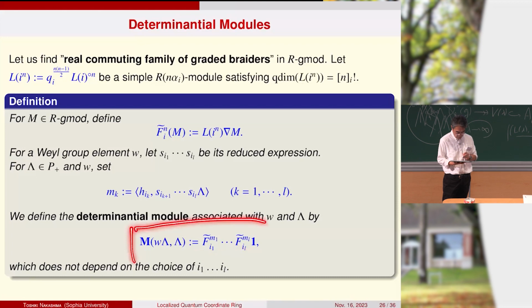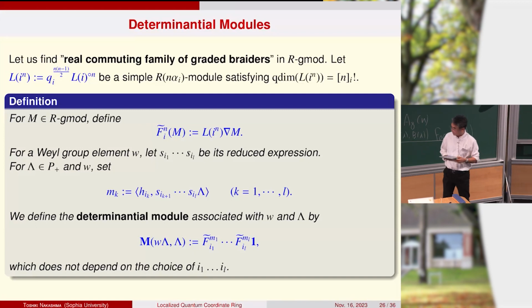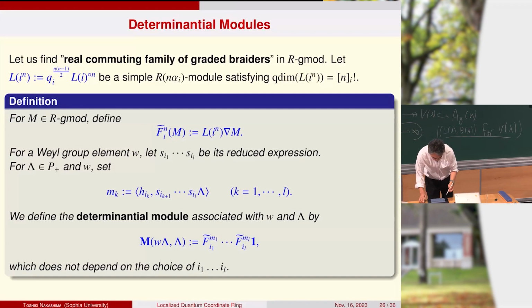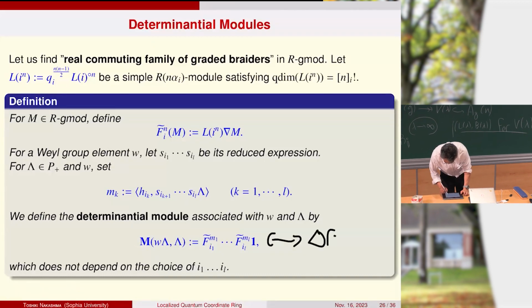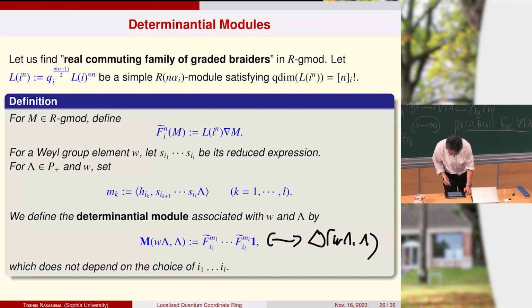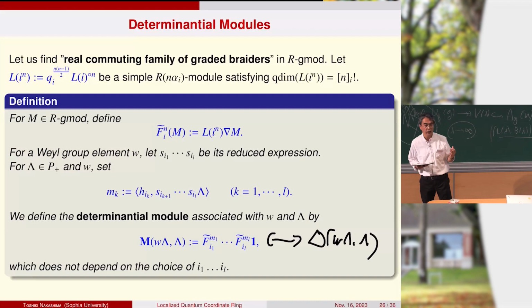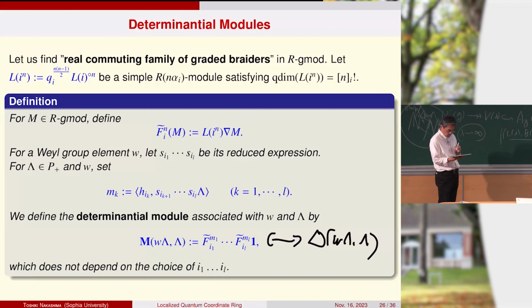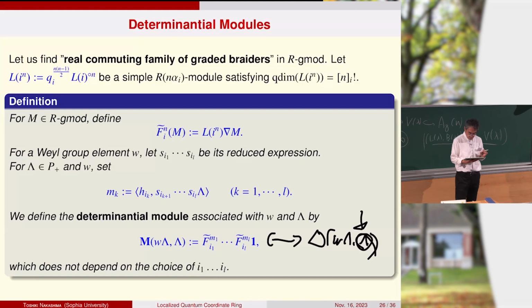Then we call this the determinantal modules, depending on the Weyl group element W. Indeed, this corresponds to so-called generalized minors. And also we have another operator fi star. Today I don't say anything on that, but using fi star we can change here. Then it's really the generalized minor. Anyway, I don't say anything on this one.